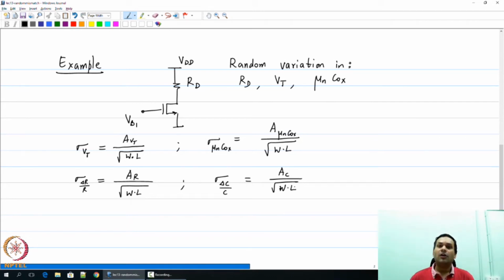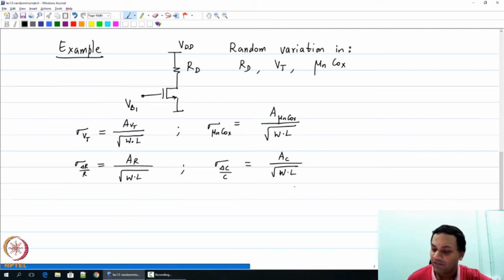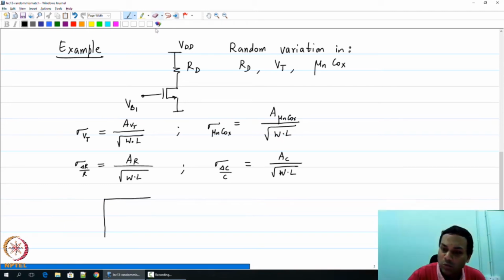What is the effect of having mismatch? Before we do the example, let us quickly cover that: the effect of having a mismatch on any circuit. Let us represent that by a two-port network.